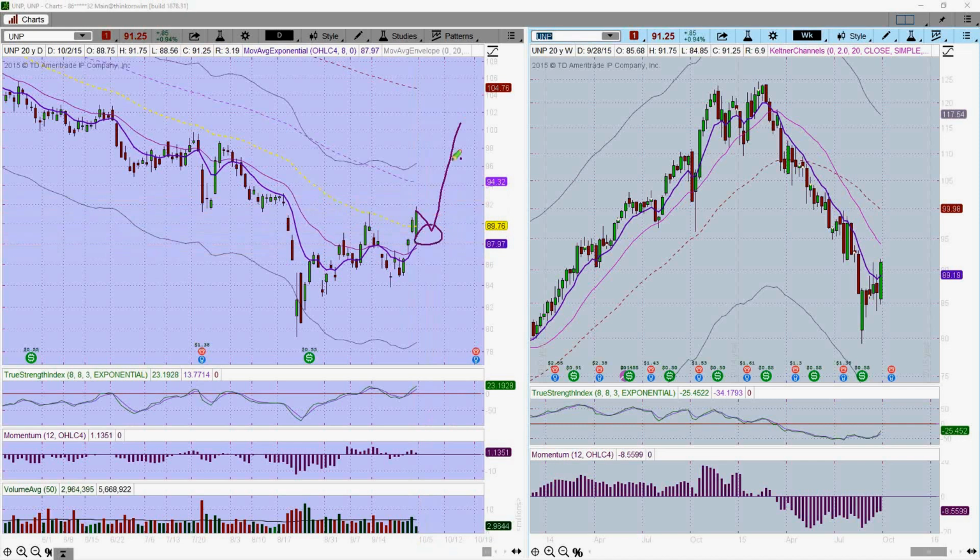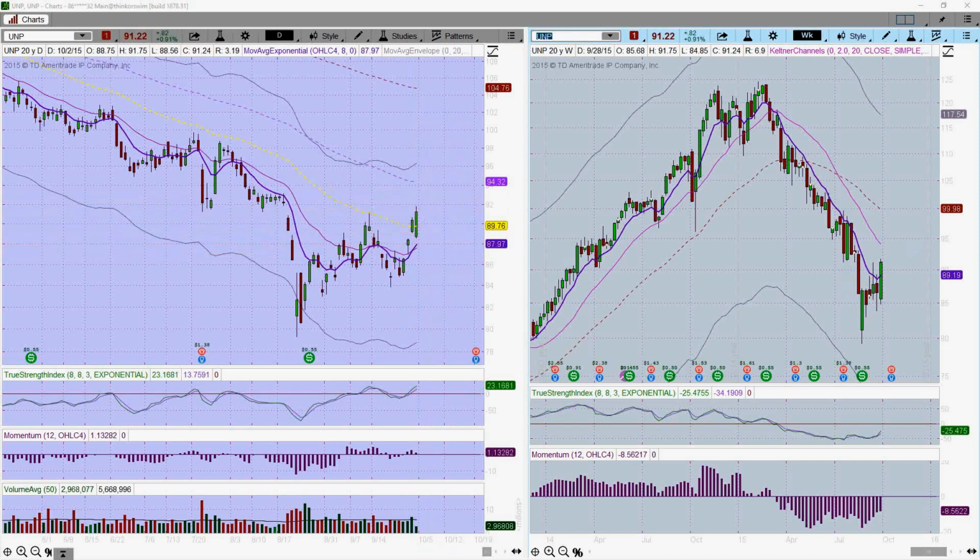You might want to take a look at the 1-hour intraday or 30-minute intraday, applying the same philosophy, utilizing the 8-period moving average, because it may give you an indication of an earlier entry. Right now, you've got a little bit of good volume, slightly above average coming into it. It has made a nice bottoming consolidation formation. So let's see where it goes from here. Union Pacific, thank you.